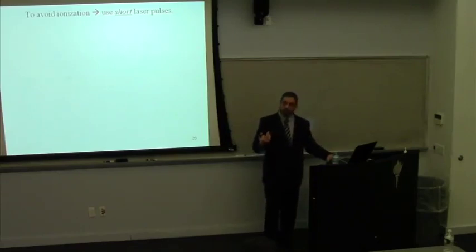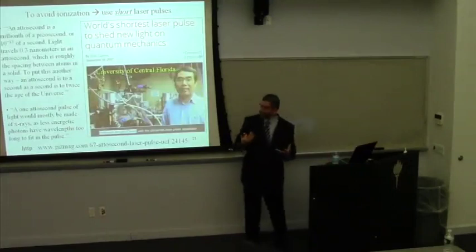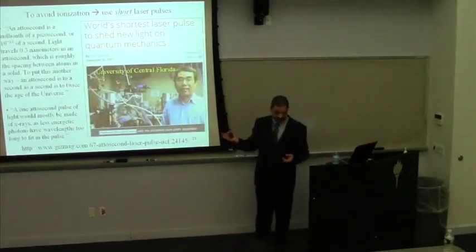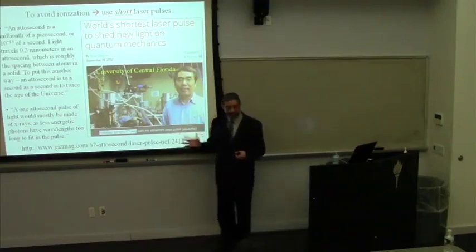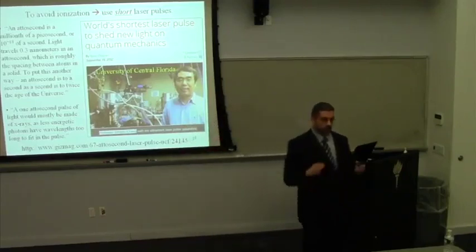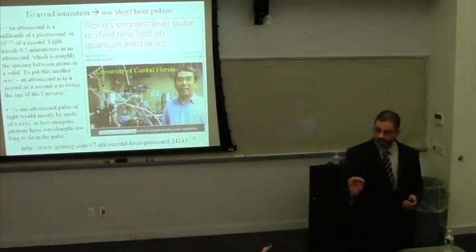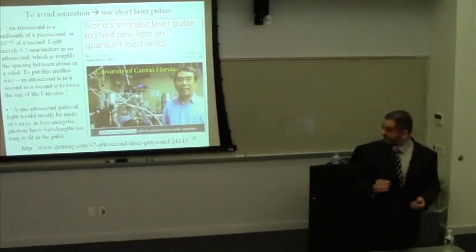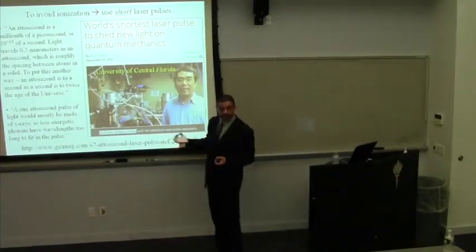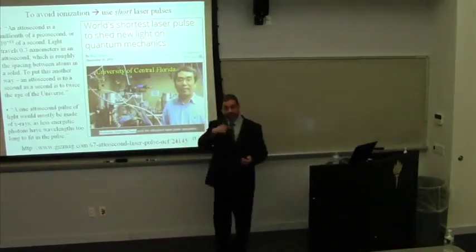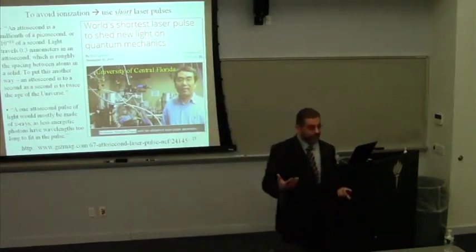And to show you how short a pulse you can reach, and this example is not entirely relevant to my talk, but it's relevant to the area of my talk, is the pioneering work by Professor Cheng in Florida, whereby he was able to, I think he holds the world record of shortness of pulses. I think he reached 70 attoseconds. And in order to get a pulse like this, you cannot do an IR pulse like this.